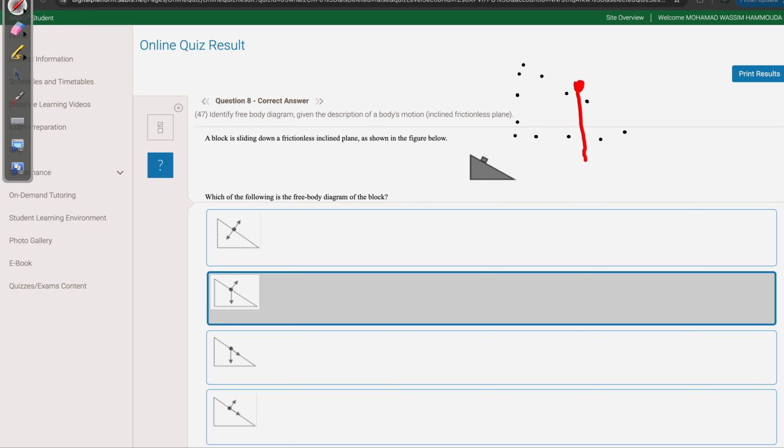Since it's on Earth, not in space, there is gonna be weight. Since it is on a surface, there will be a normal perpendicular to the surface. They said frictionless, so there is no friction upwards. And that will be it. They didn't say there's any other force. Just normal and weight, which are like this. They didn't ask us to project it, so nothing to worry about.